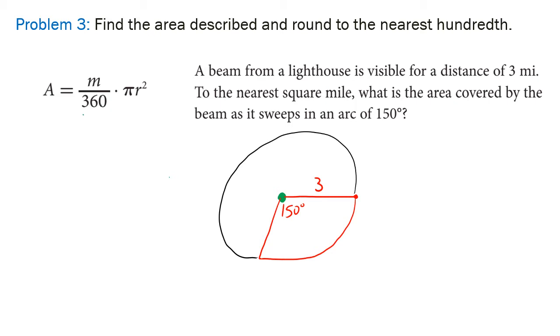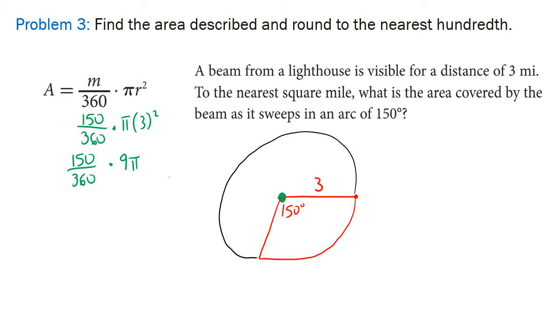So we go ahead and we just plug it in, 150 over 360 times pi times 3 squared, so we get 9 pi. We want to go ahead and reduce 150 and 360.